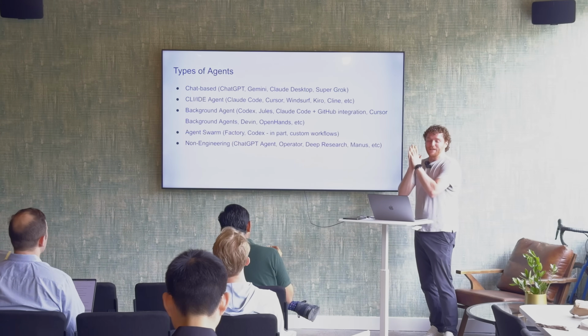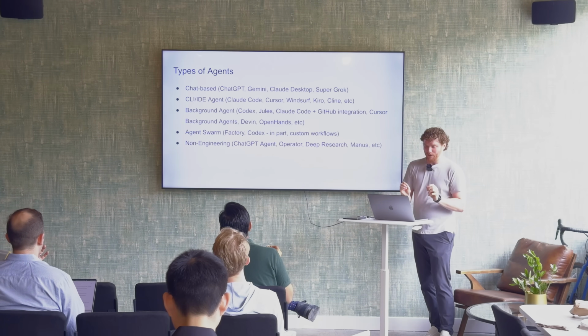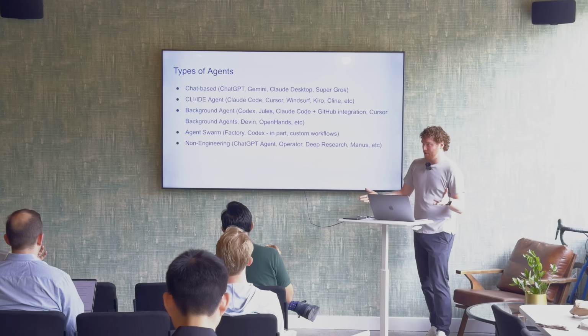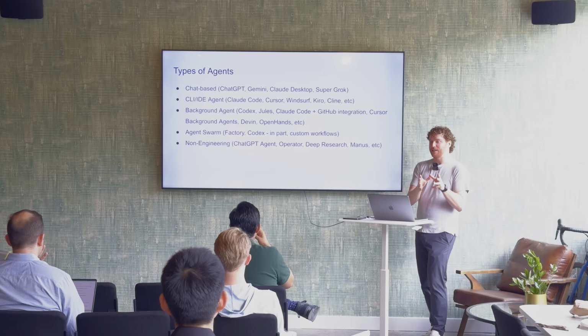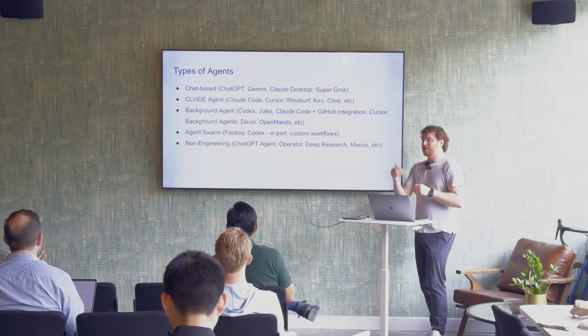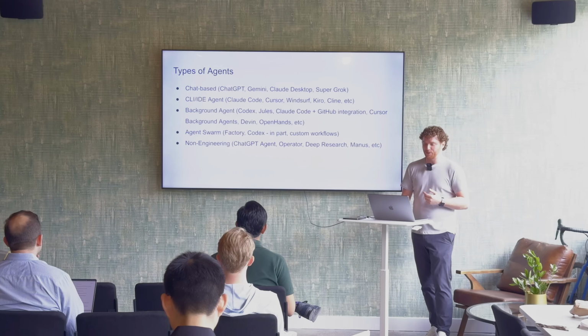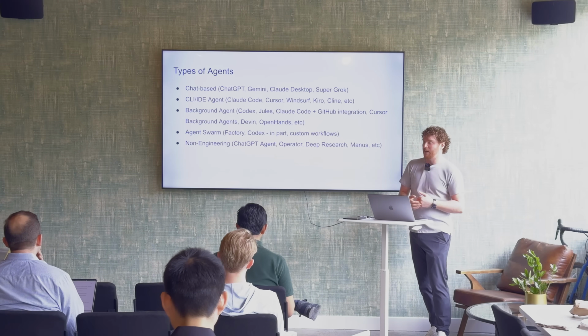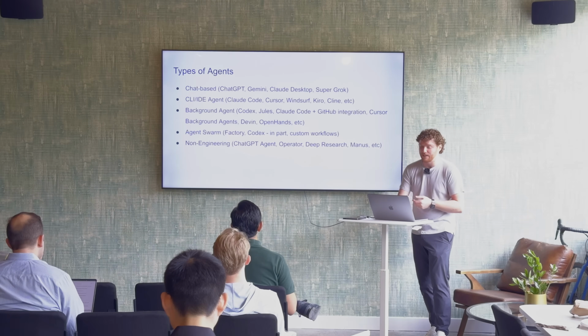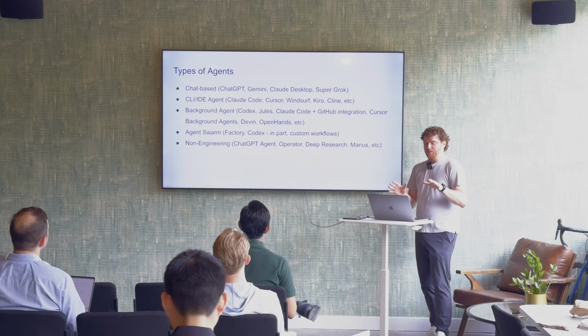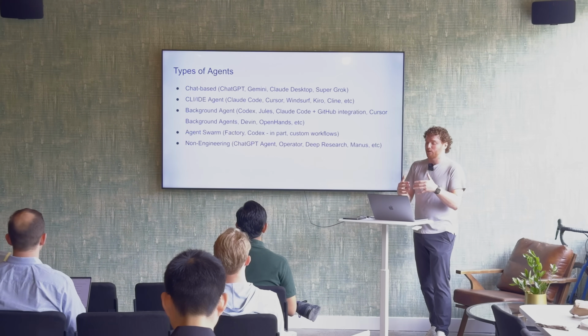Okay, so I wanted to mention the different types of agents to just give a quick overview. We've got, of course, chat-based agents, which we're all familiar with: ChatGPT, Gemini, etc. We also have these CLI and IDE-based agents. Claude Code, of course, being an example. Cursor, Windsurf, the brand new Kiro from AWS or Amazon, Cline, etc. And then we have background agents, which are just starting to roll out over the last couple of months.